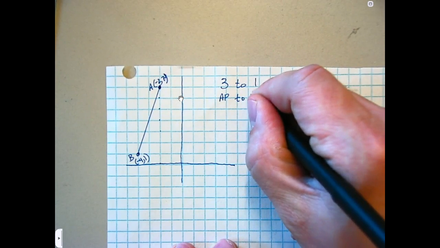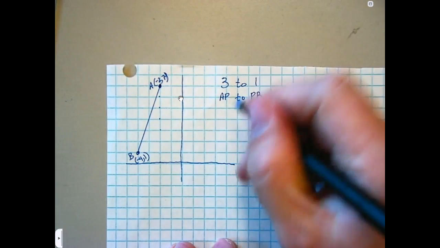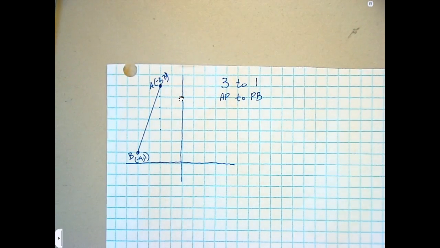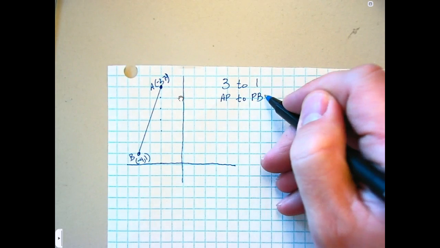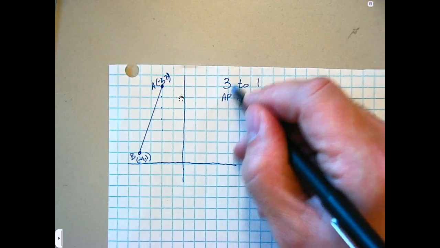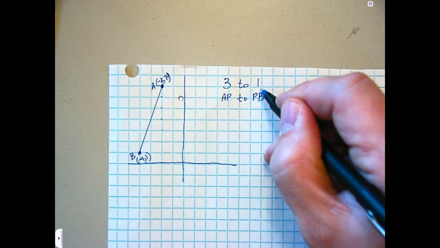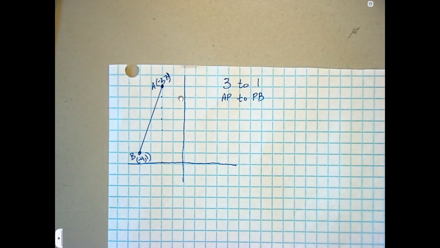to PB has that ratio. So in other words, what that really is saying is I could take the length of PB and lay it along AP, and I'd have to use 3 of these to make this. That's what that says. I know it seems backwards when I describe that.